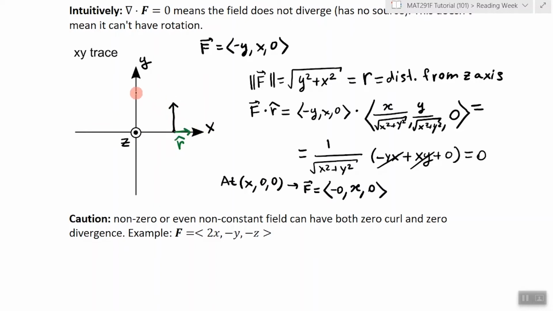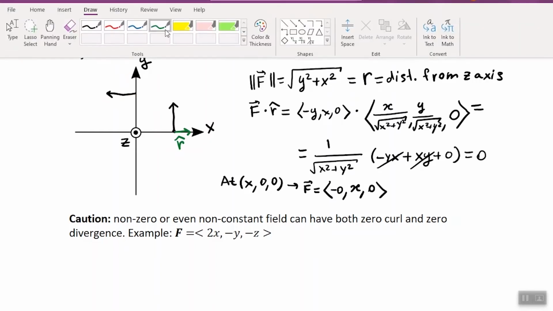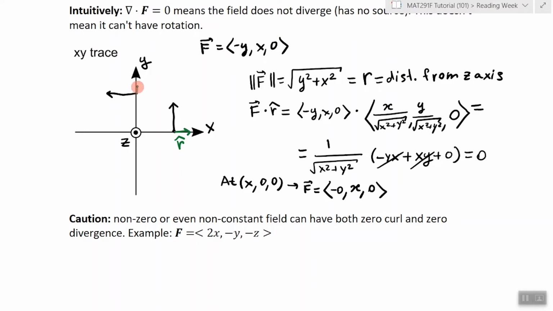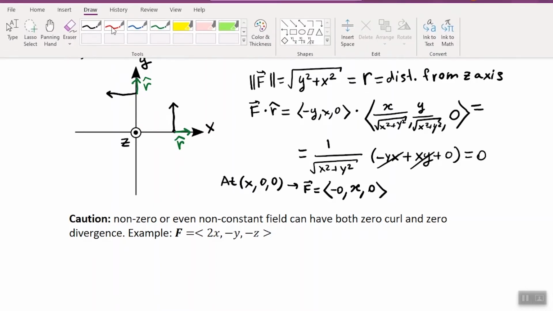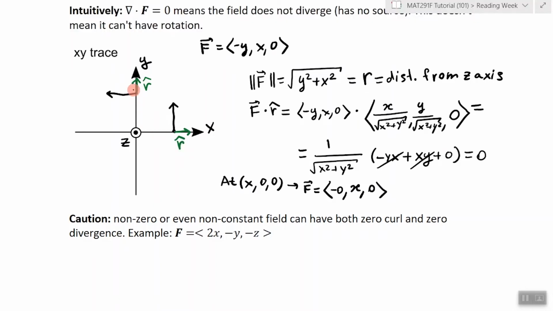We know that it will always go perpendicularly to the r hat. So r hat goes this way, and then the vector field goes at 90 degrees, and we've figured out the direction of this vector field.